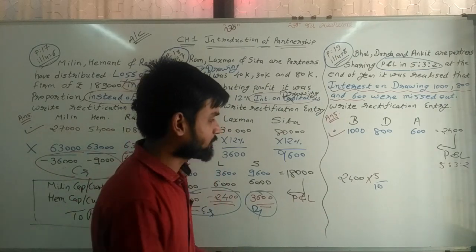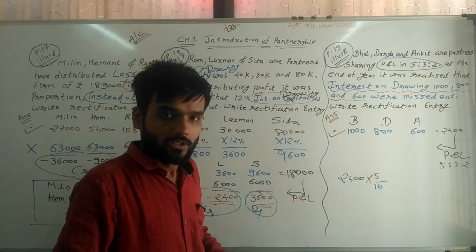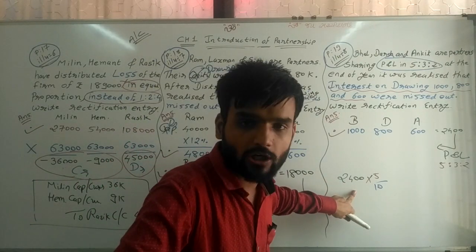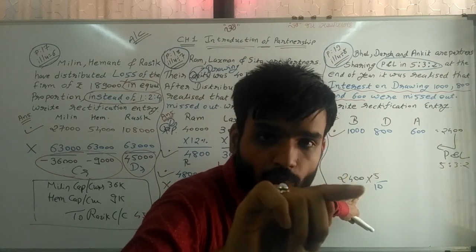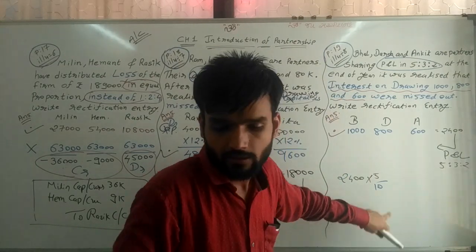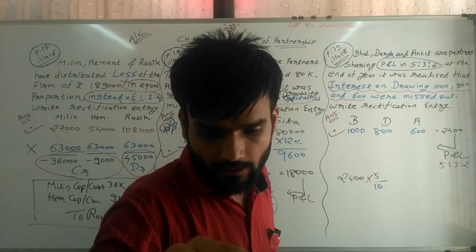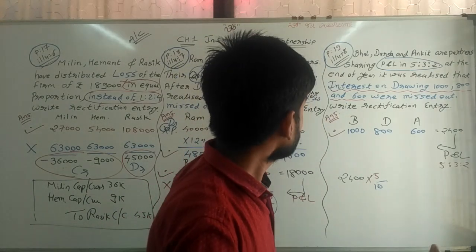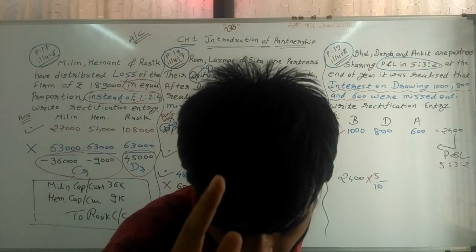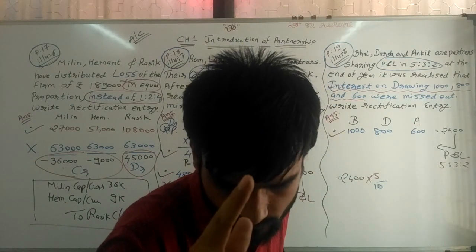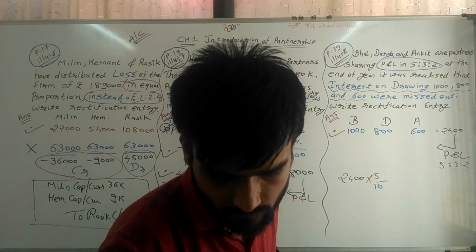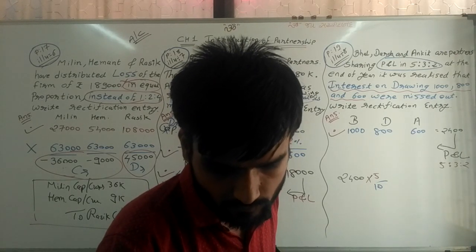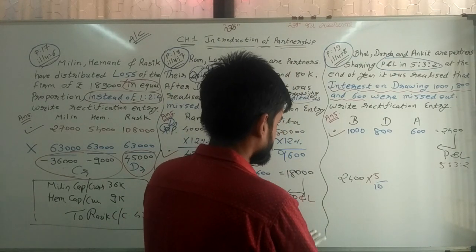Calculating 2400 into 5 divided by 10, your answer will be 1200 rupees.